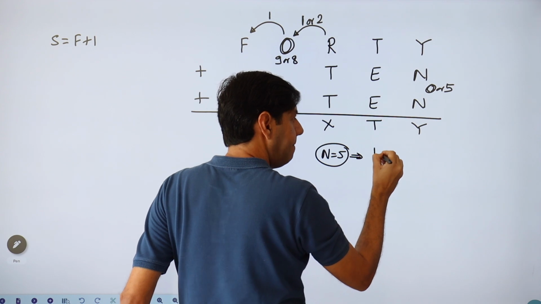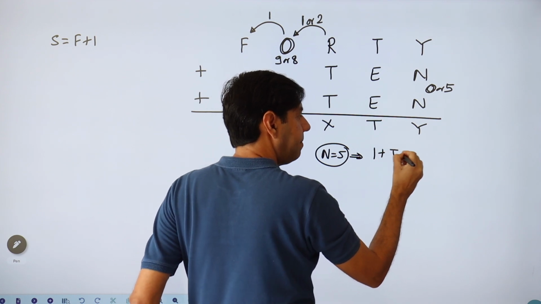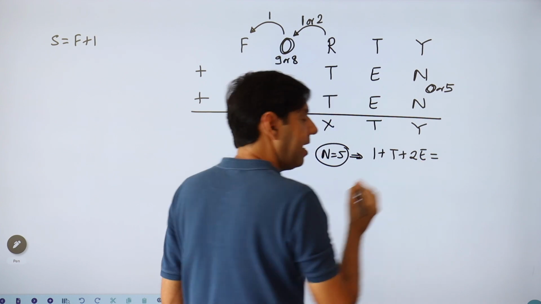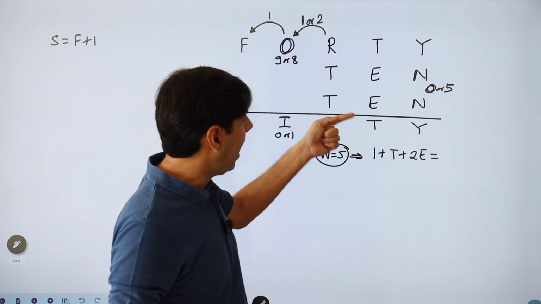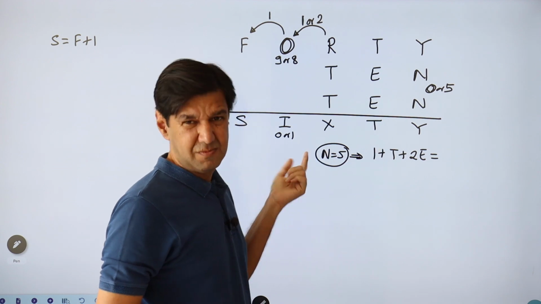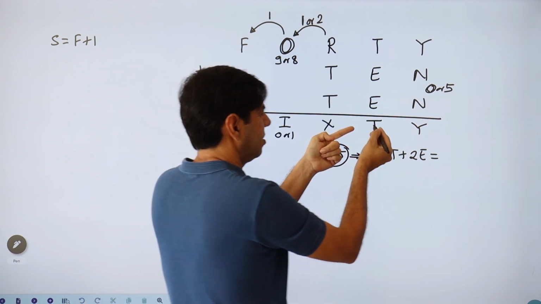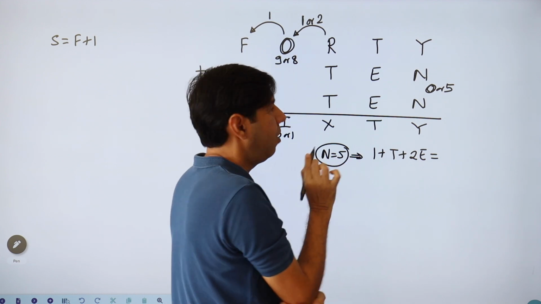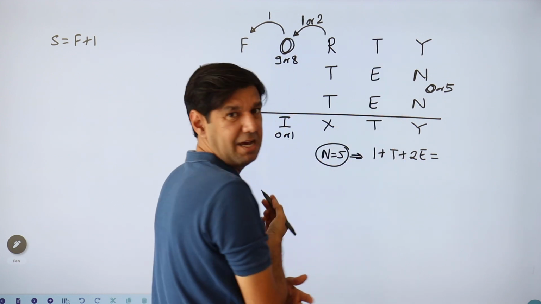So 1 plus t plus 2 times e. This will either end in the single digit t, which is unlikely, because the only way t can end with a t is when e is 0. And with 1 as a carry, it can never end up that way.